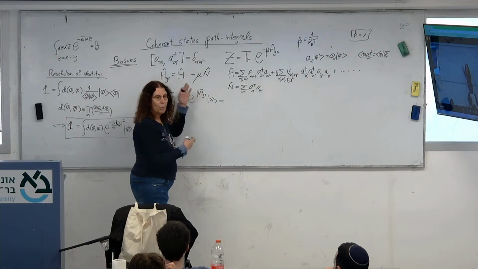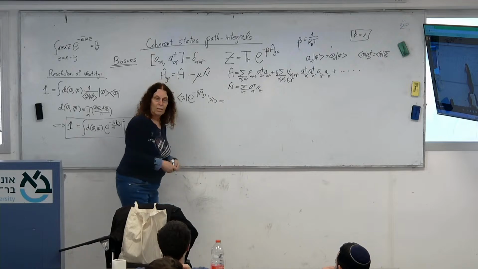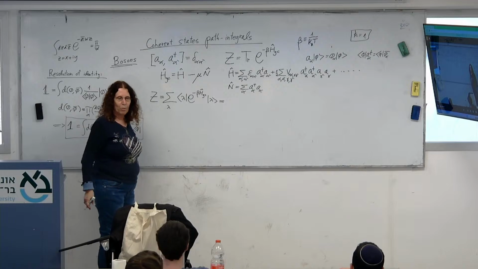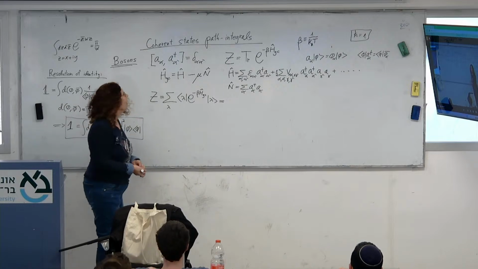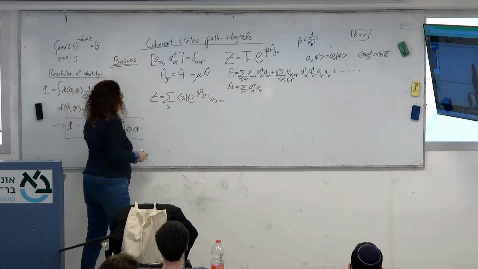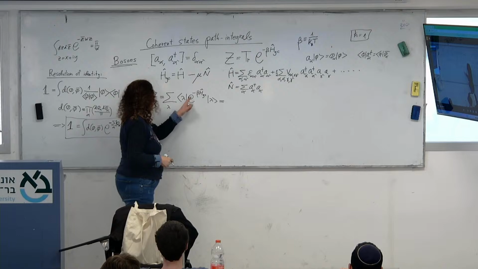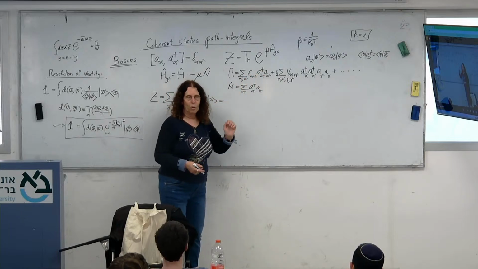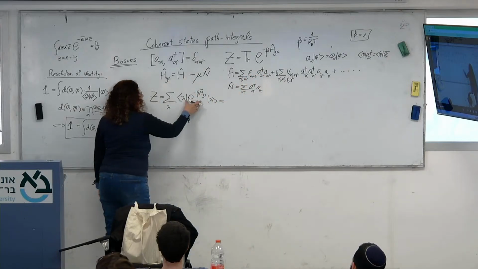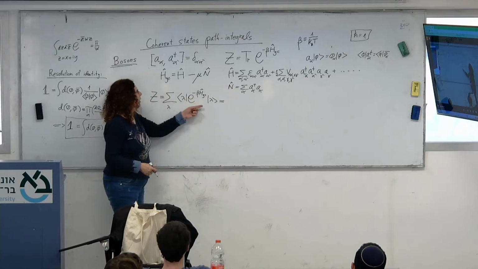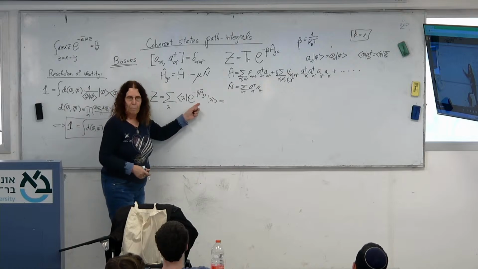You can calculate it, but it's going to give you a horrendous big expression. But what I know is that because it is nothing but some combination of A's and A daggers, it's relatively straightforward to write its matrix elements in a basis of coherent states.